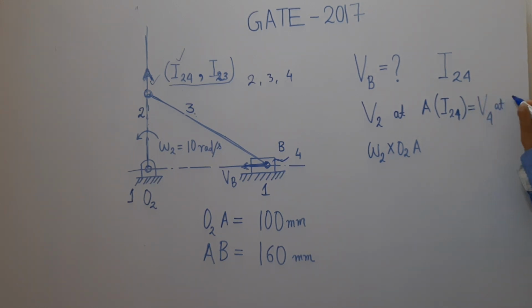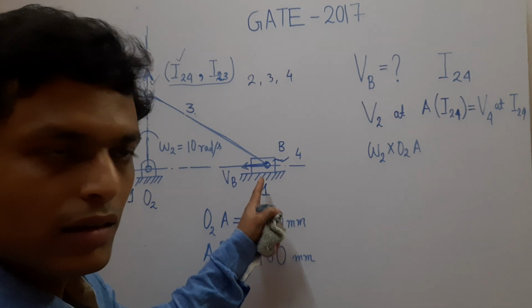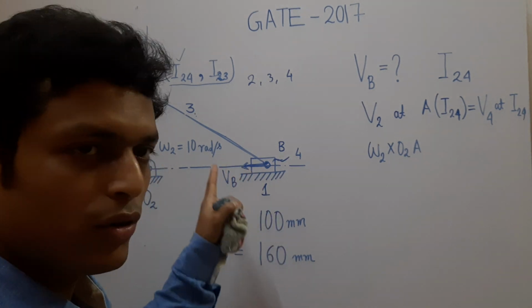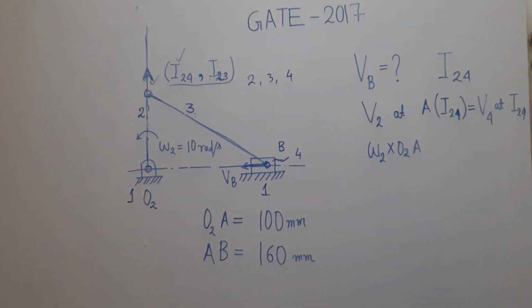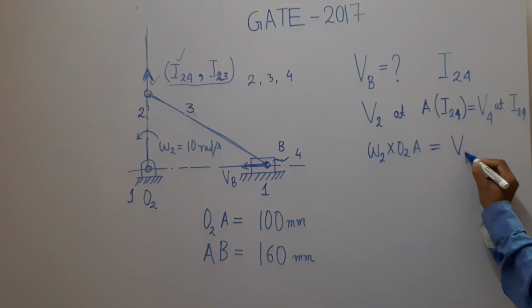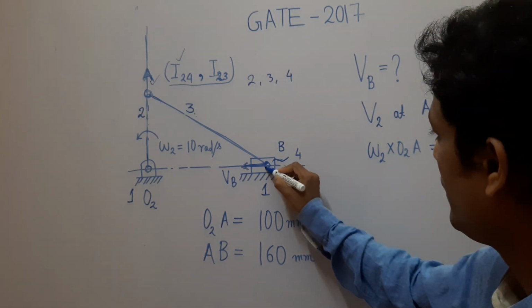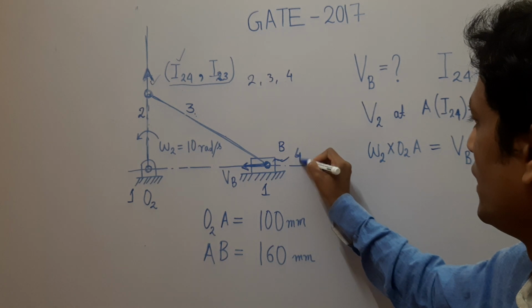V4 at I24 or A. So as 4 has pure translation, all points on link number 4 have the same velocity. So V4 at I24 is nothing but Vb. If point B has velocity Vb, then all points on 4 will have the same velocity.